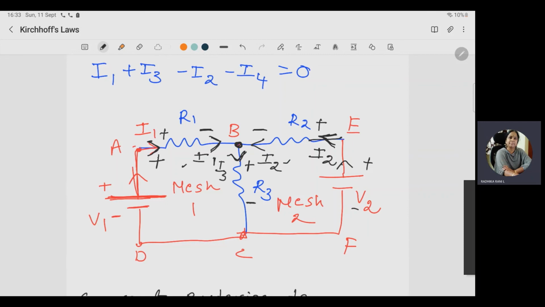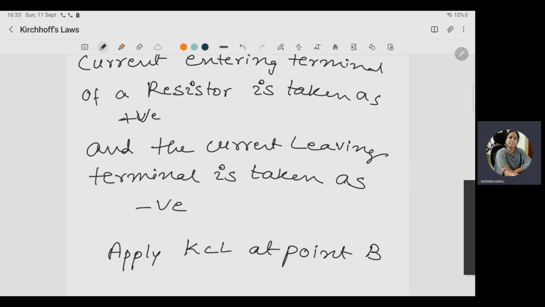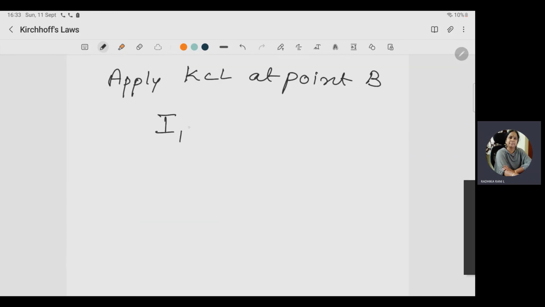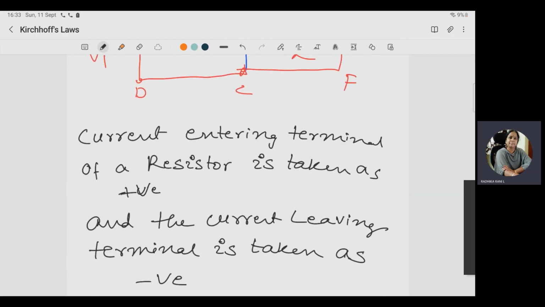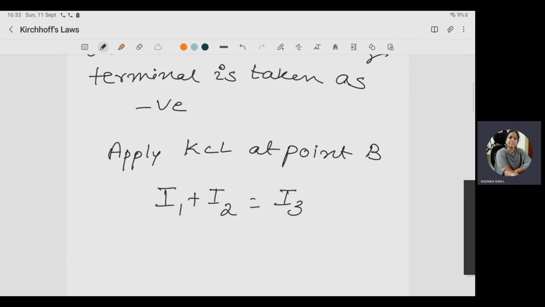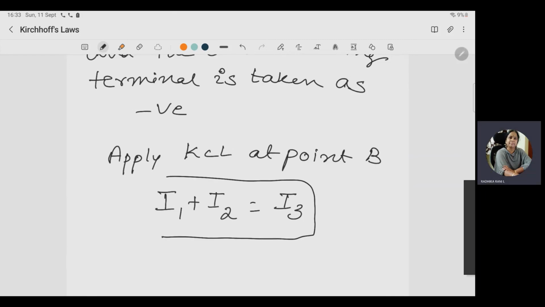So I1 plus I2 is equal to sum of leaving currents. How many currents are leaving? Only one current, that is I3. So what is the equation? I1 plus I2 is equal to I3. Sum of entering currents at point B, I1 plus I2, is equal to leaving current I3. So this is the statement of KCL.